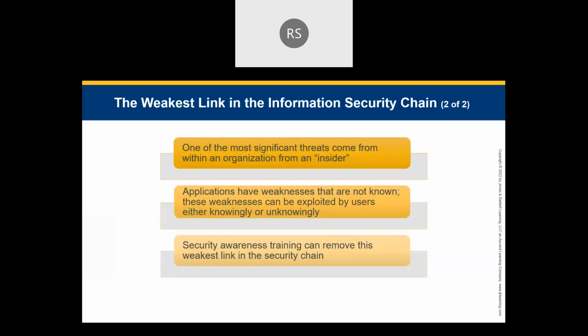Now, the threat posed by insiders within an organization is a significant concern. Insiders refer to individuals who have authorized access to an organization's systems, networks, and data. This category includes employees, contractors, or anyone with legitimate access to sensitive information. Now, there are various motives that insider threats can have.